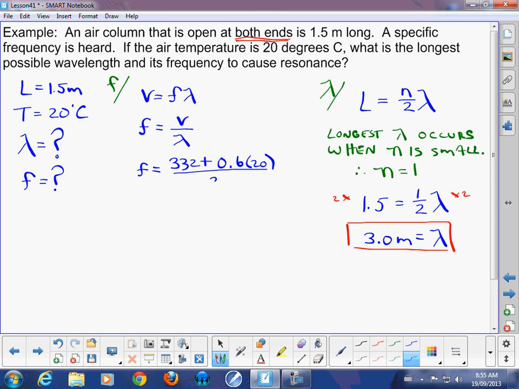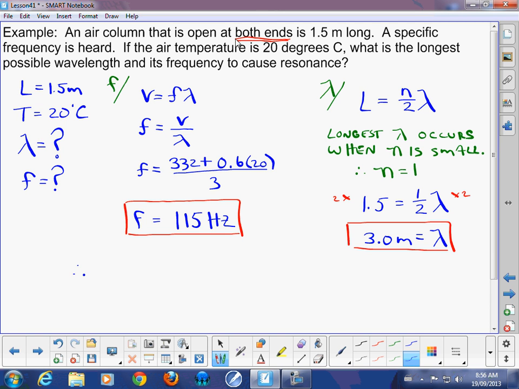Now I can bring that over to the other side and finish off the natural frequency. Once I put that through the calculator, I get about 115 hertz. So now I have both answers to the question. You're just playing with the formulas that are associated there.